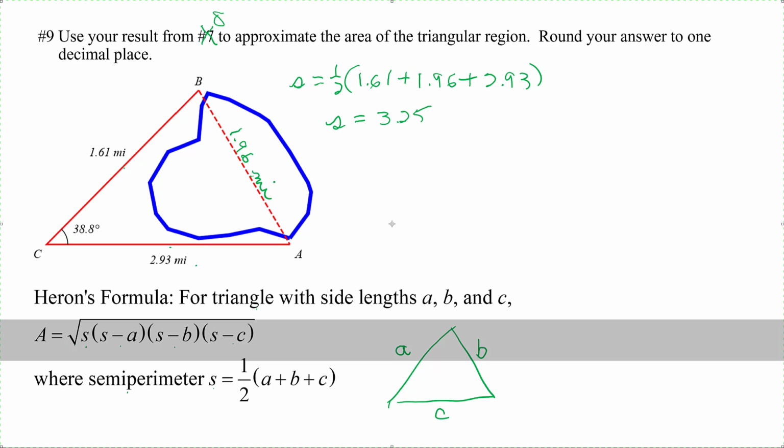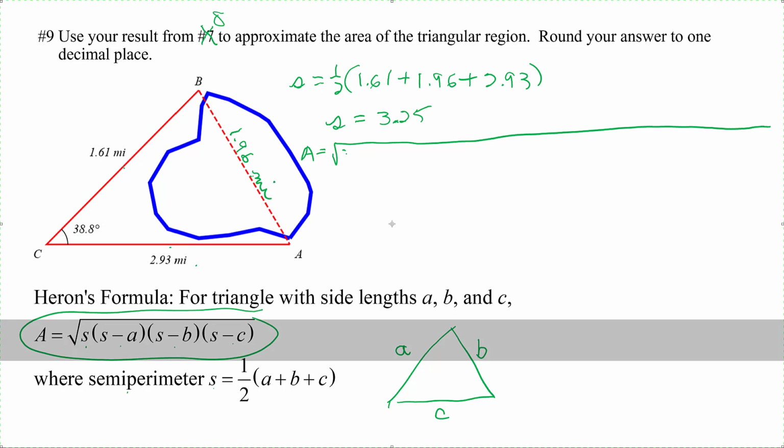So now, using Heron's formula for area, the area is going to be equal to the square root of, and this takes some writing, we start with S, which is 3.25, times S minus our first side length, 3.25 minus 1.61, times S, 3.25, minus our second side length, which is 1.96, times S minus our third side length, 3.25 minus 2.93.